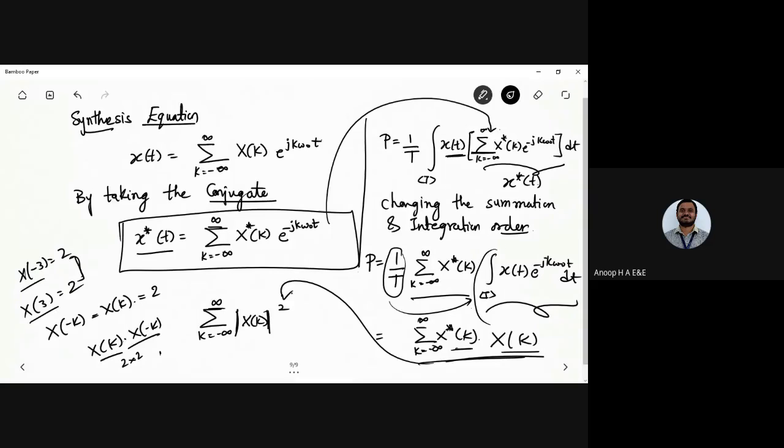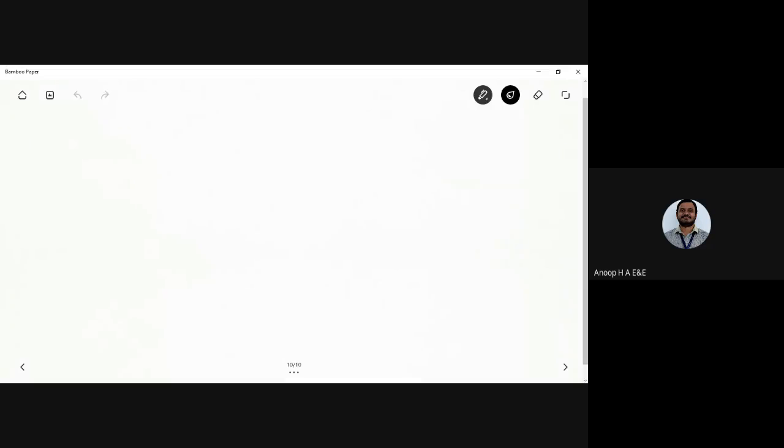Or you take the magnitude and square it. This is one simple example, and this is Parseval's theorem. If you want to find the power, it would be the squared value of it. Parseval's theorem, very important one.